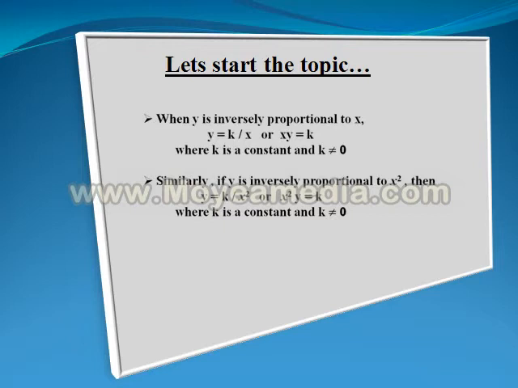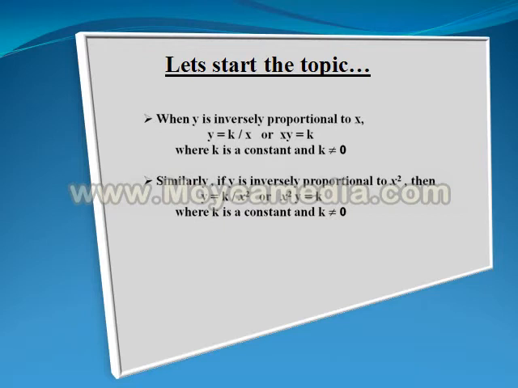Since we already know if y is inversely proportional to x, we can write y is equal to k over x. Or take the x in the denominator and move it to the left side, where it is multiplied, so xy is equal to k, and k is of course the constant of proportionality.